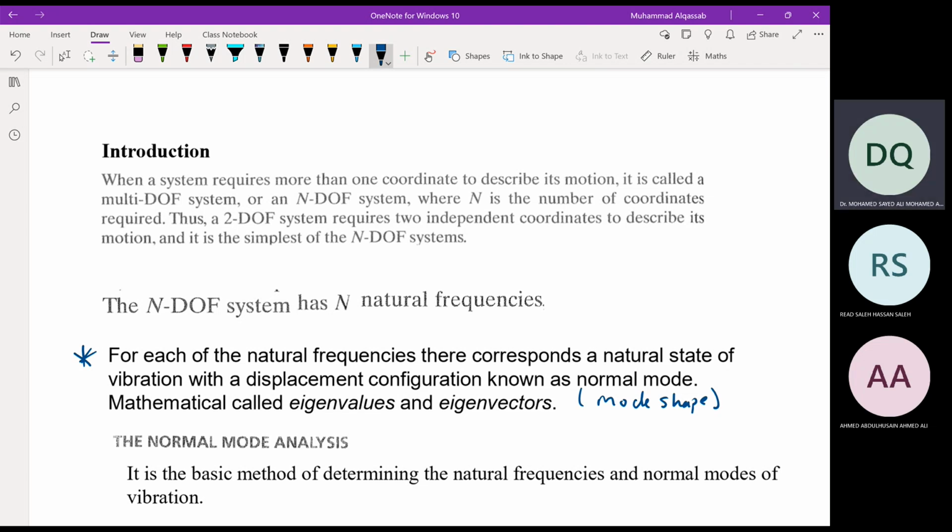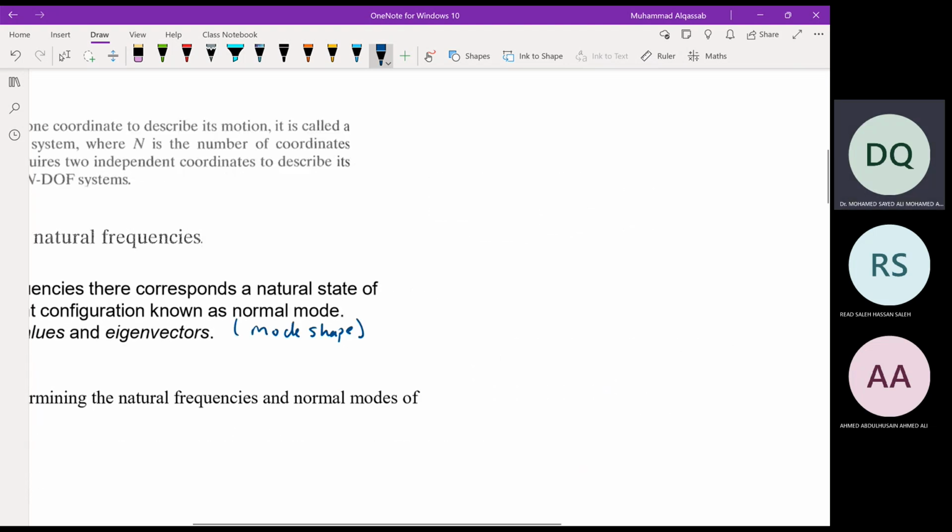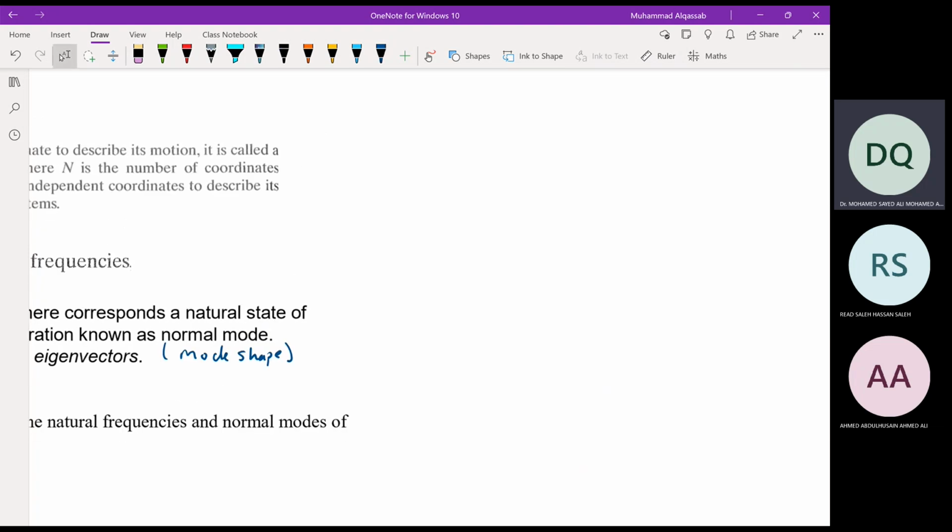Okay, so to illustrate what I mean by normal mode, I will give you an example about a continuous system, although this is not related to multi degrees of freedom. The way to solve and analyze the resulting vibration of a continuous system is different, but the mode shape, maybe I can best describe it using a continuous system.